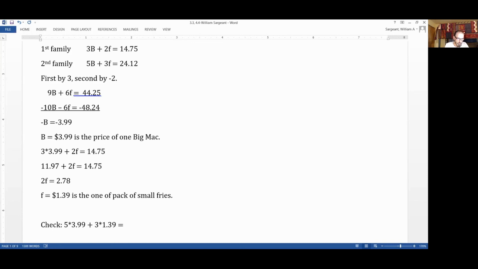Let's see, 5 times 3.99 should be $19.95, plus 3 times 1.39, I think that's going to be $4.17. Adding those up, we get the 24.12 that we wanted.